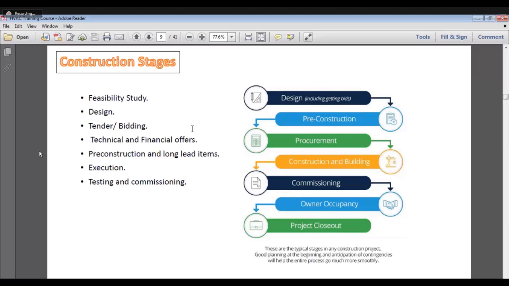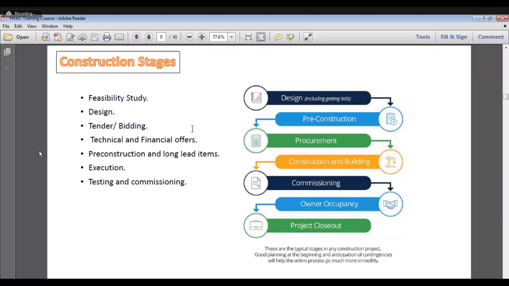In this phase, the owner and the designer revise the technical and the financial offers submitted from each contractor. Then after that, the process goes to the pre-construction and long lead items. Then execution begins. Execution is the sole responsibility of the contractor.